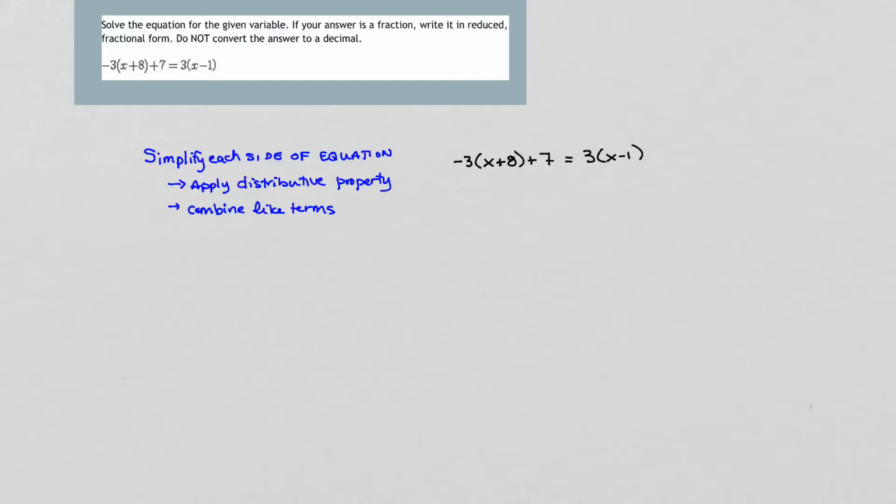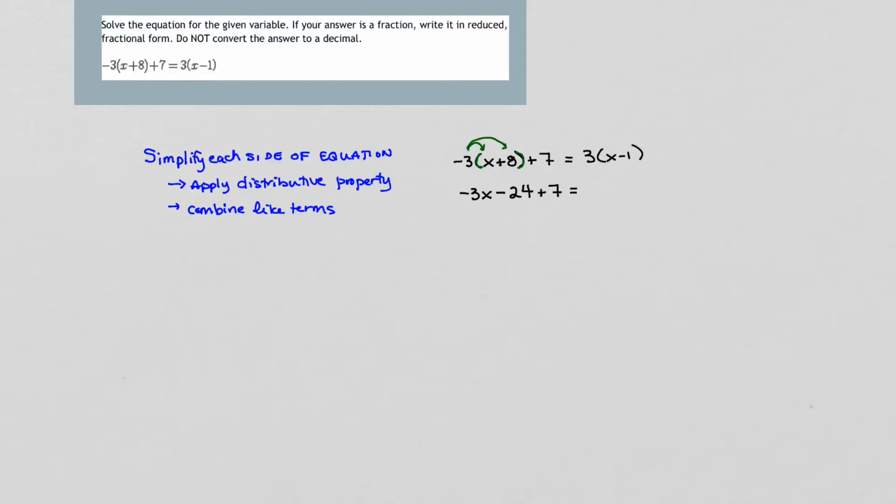So let's start on the left, and the distributive property occurs where I have the parentheses. And so I have negative 3 times the quantity. So I'm going to distribute the negative 3 to the two inner terms. That's going to give us negative 3 times x plus negative 3 times 8, which is negative 24. So I can just write minus 24 plus 7.